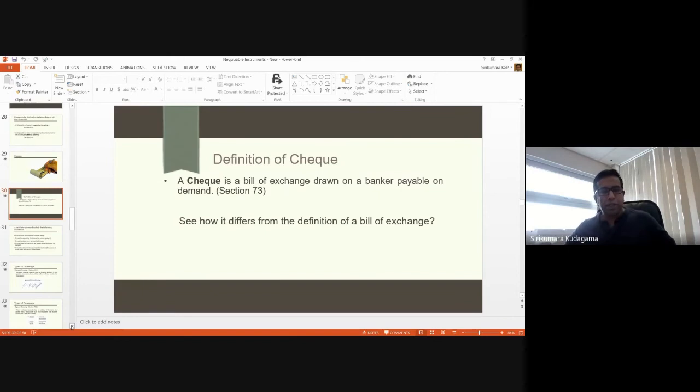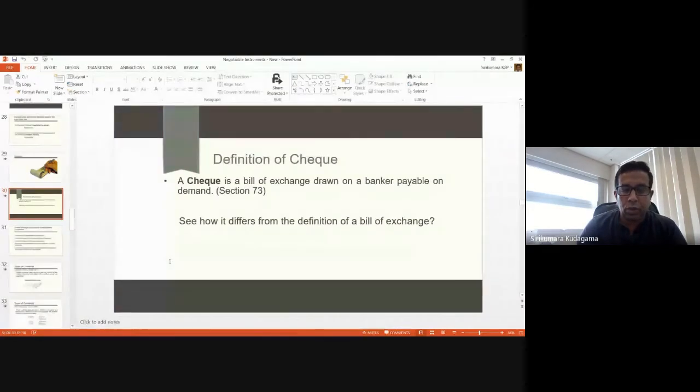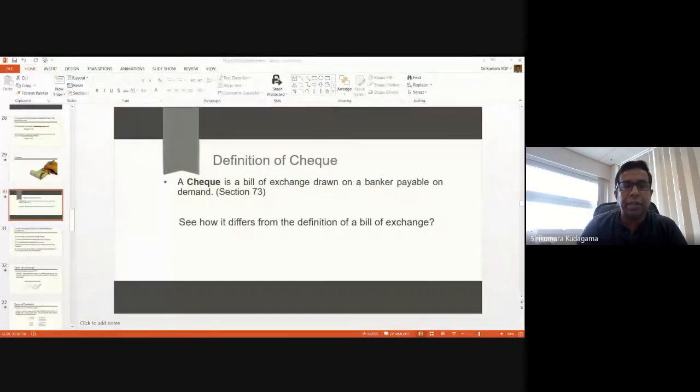A bill of exchange is an unconditional order in writing addressed by one person to another. Likewise, it goes on. Here, there is a simple definition. Can anyone tell me how many critical elements of the first definition, that is, the definition of a bill of exchange, have been changed by this one?